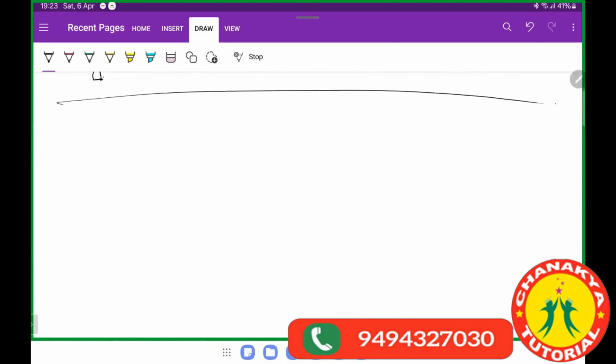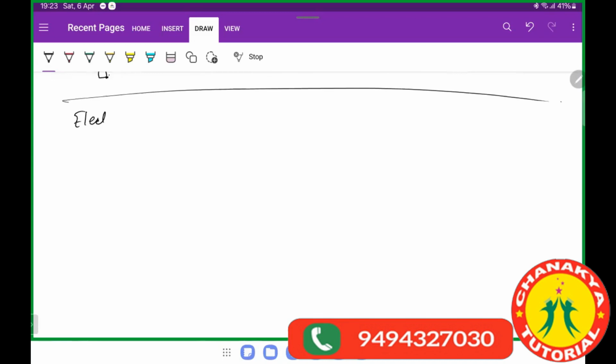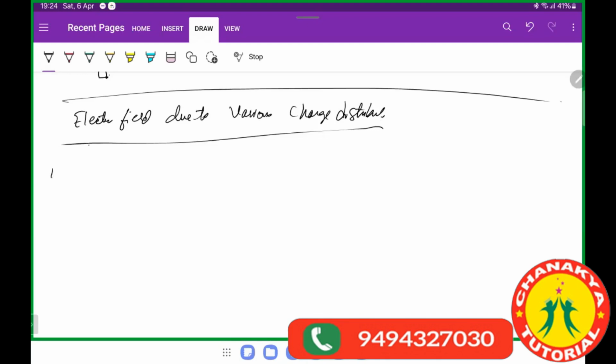So, electric field due to various charge distributions. First, if there is a charge here and we are taking a point P somewhere, there will be an electric field in this direction, at a separation distance x.